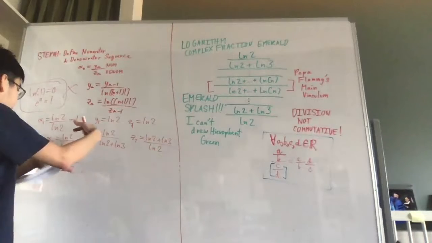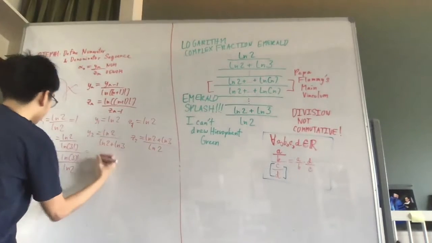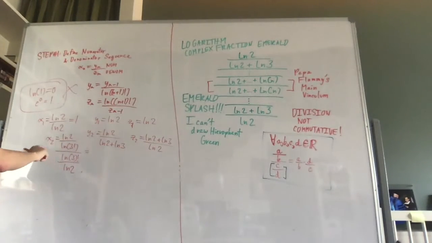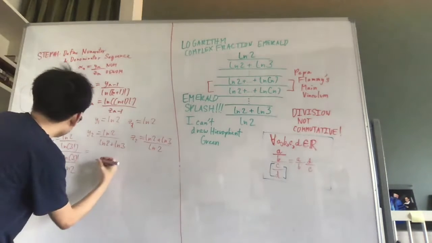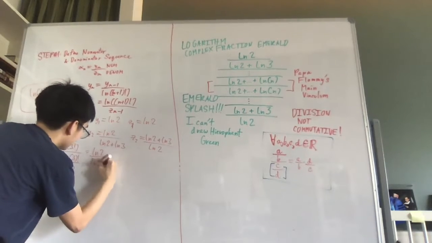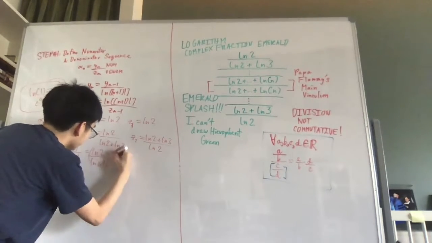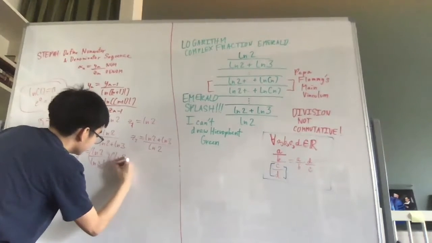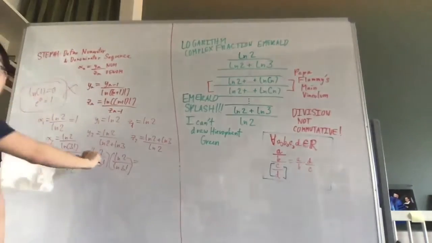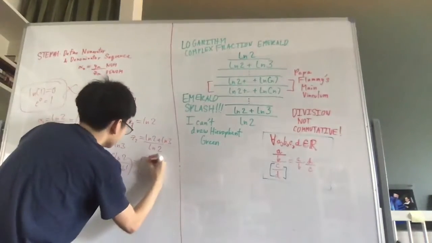We need to flip this around. So we end up getting natural logarithm of 3 factorial divided by natural logarithm of 2 times itself, which in this case will simply give us this quantity being squared.